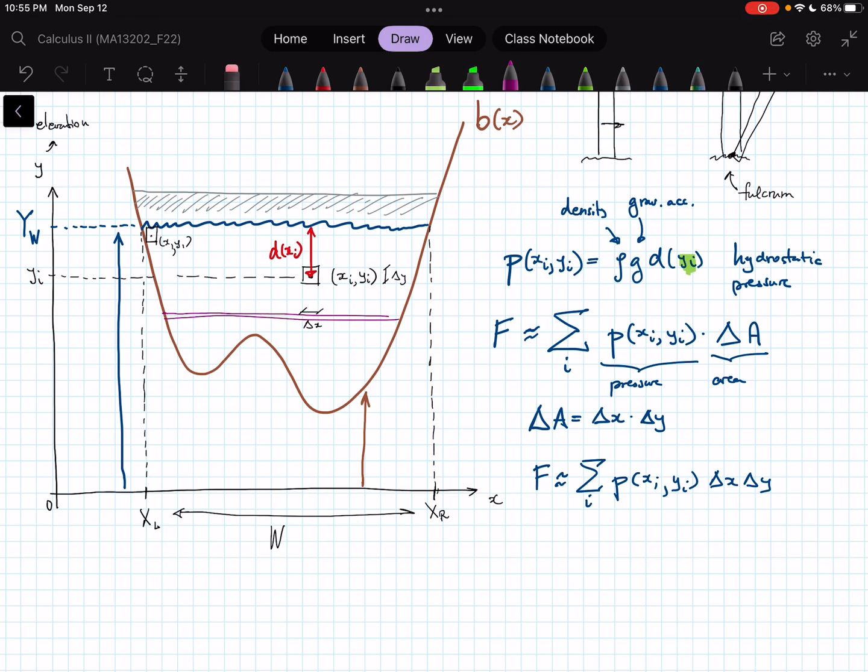This is the reason why the book prefers to first integrate this force F against the horizontal axis, where it doesn't change, and then integrate against the vertical axis, effectively adding pressures along every one of these strips.